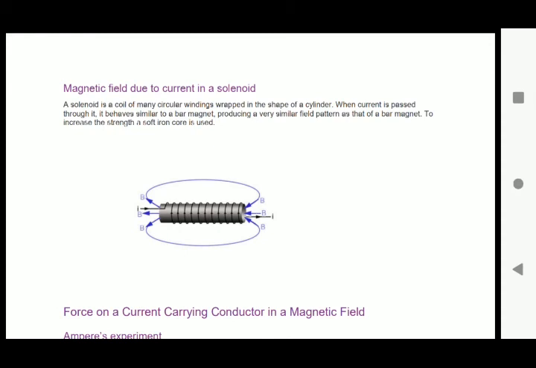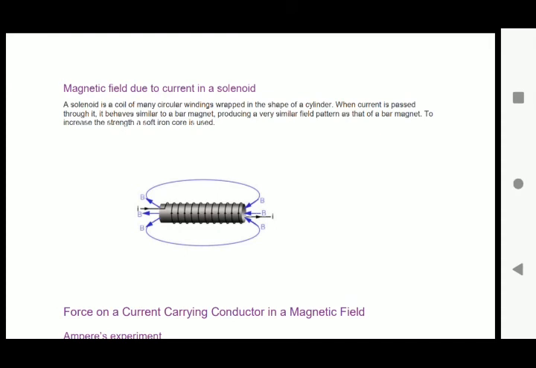You can see that the magnetic field lines inside the solenoid are in the form of parallel lines. They are straight lines. That means the strength of magnetic field is the same at all the points inside the solenoid. I'll repeat the same. Inside the solenoid, the magnetic field lines are straight lines.